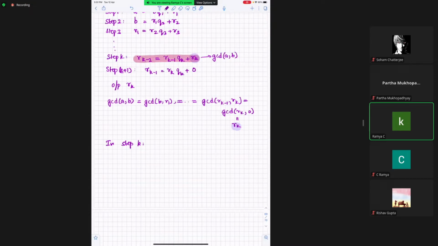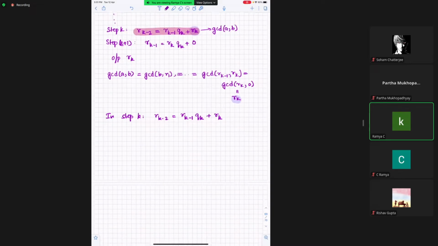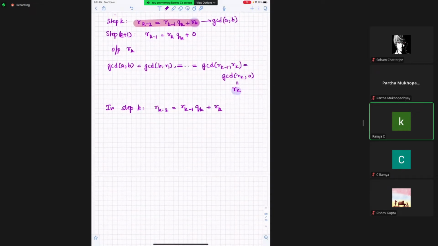Let's write this down again. We have this equality. So this means that this integer here, which is the GCD of A comma B, can be written as a linear combination of Rk minus 1 and Rk minus 2.